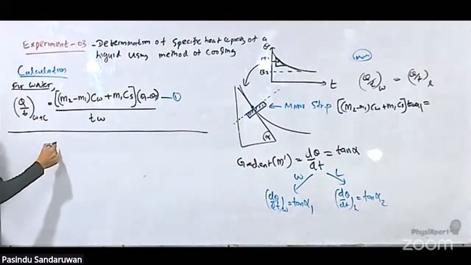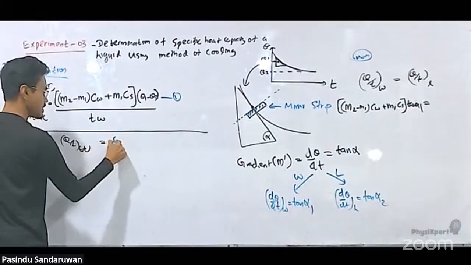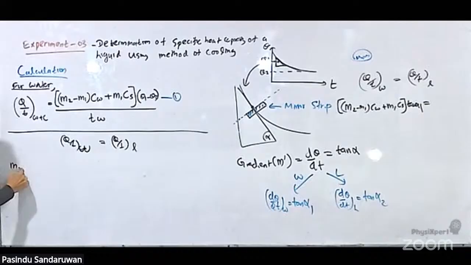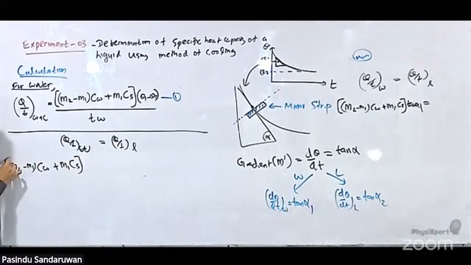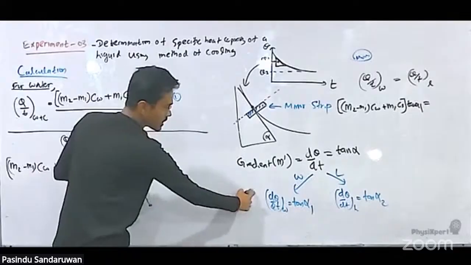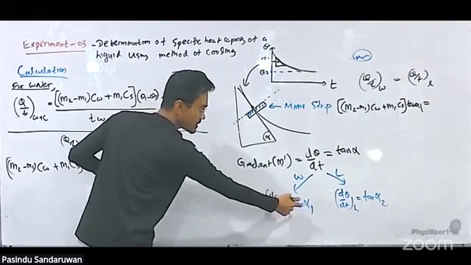See? Then Q over T of water equals Q over T of liquid. Q over T of water is (M2 minus M1) CW plus M1 CS, into the theta over T term, that is d theta over dt of water, tan alpha 1.